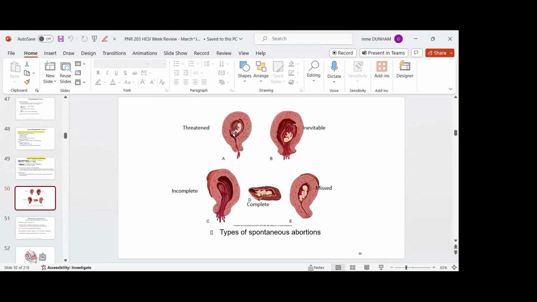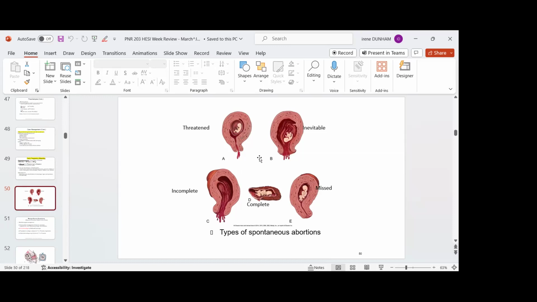What happened was that between the implantation process, the zygote or the fetus did not adhere, the bag did not adhere to the endometrium properly. And so sometimes you get bleeding right in here, and they can slough off. That's a threatened.